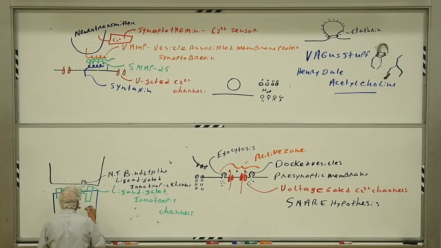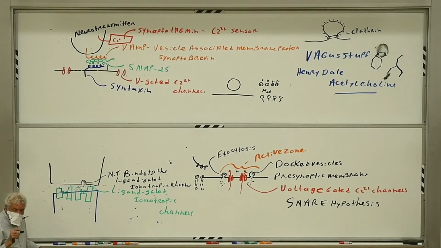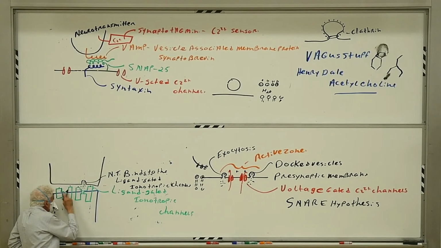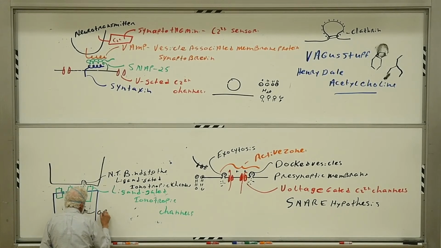What it's saying is the neurotransmitter is binding to those receptors. The binding of the neurotransmitter to the receptor changes the conformation of this protein down across the channel and opens a gate.